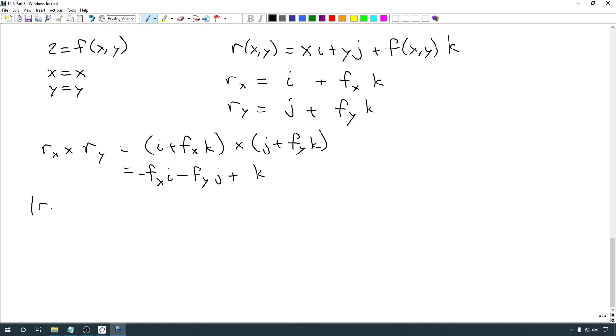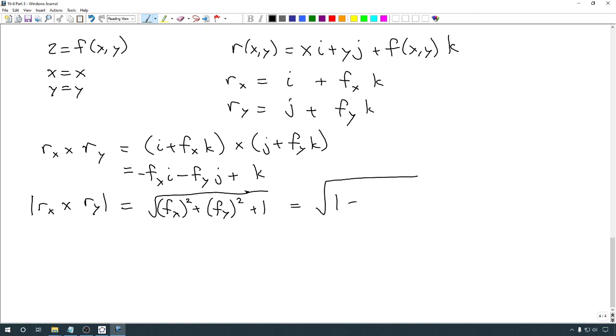The magnitude of this is fairly easy. We just have the square root of f sub x squared plus f sub y squared plus 1. Or we can go ahead and write this as the square root of 1 plus the derivative of z with respect to x squared plus the derivative of z with respect to y squared.